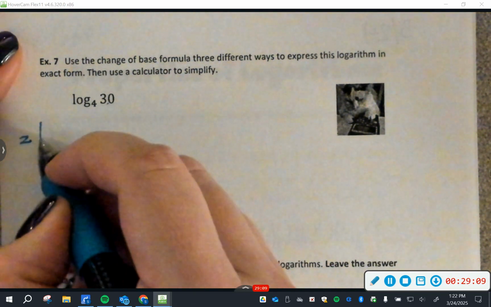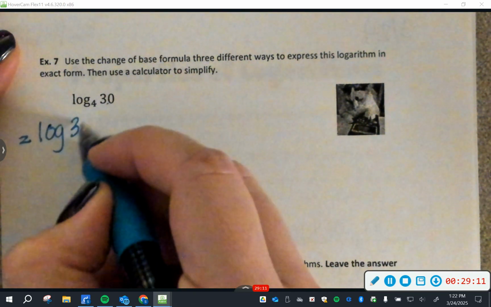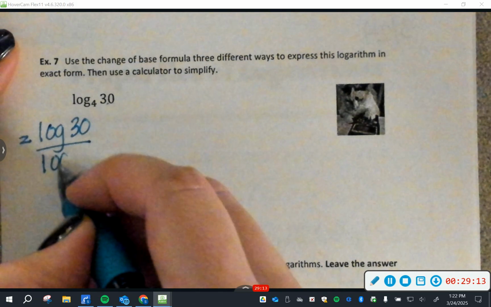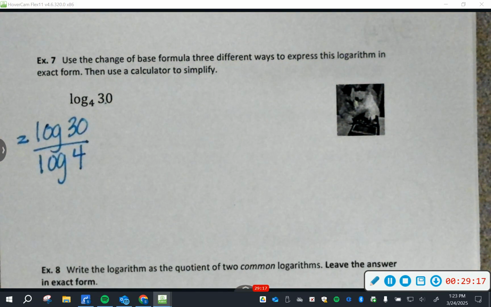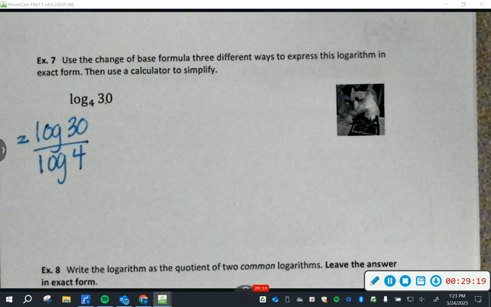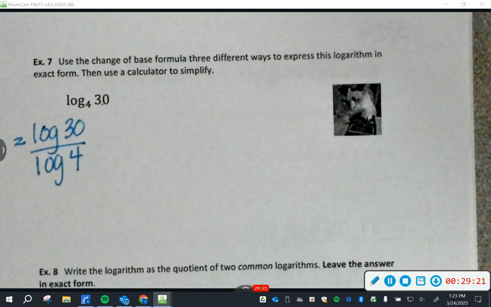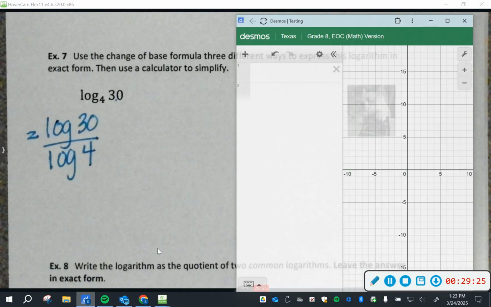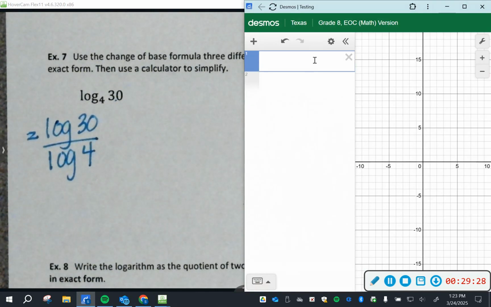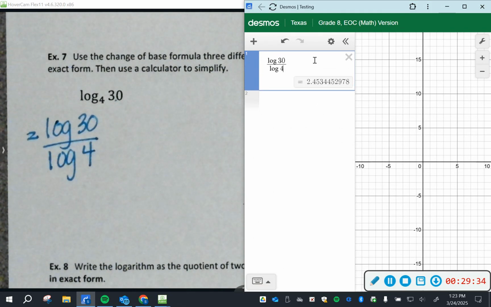I could say this is log 30 over log 4. And then I'm just going to have to type that in, because I can't make that look nice. So if I come over here, I can type log 30 over log 4, and I can get my decimal that way. 2.453.